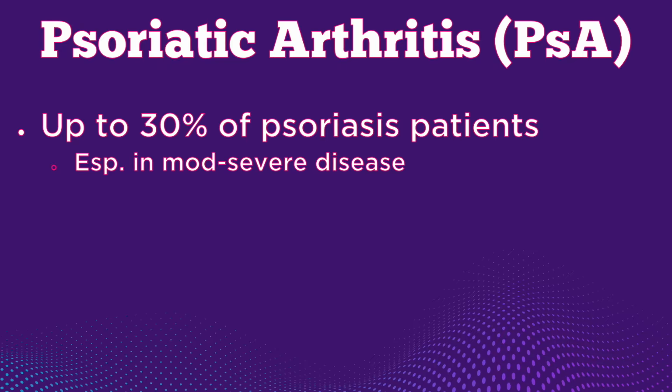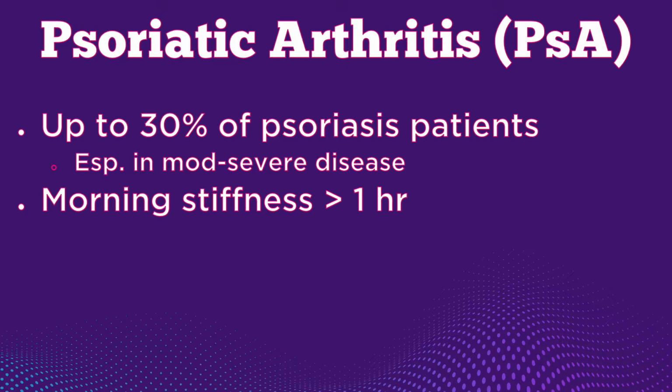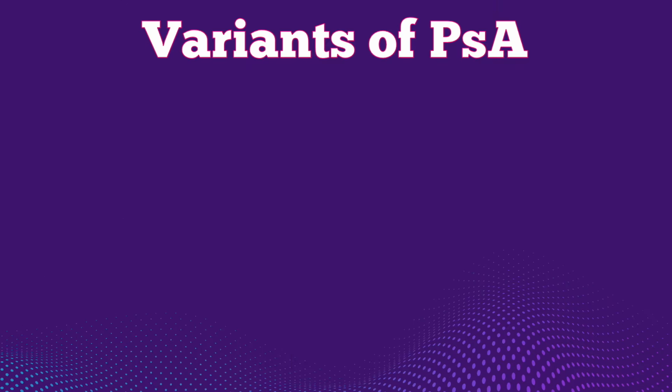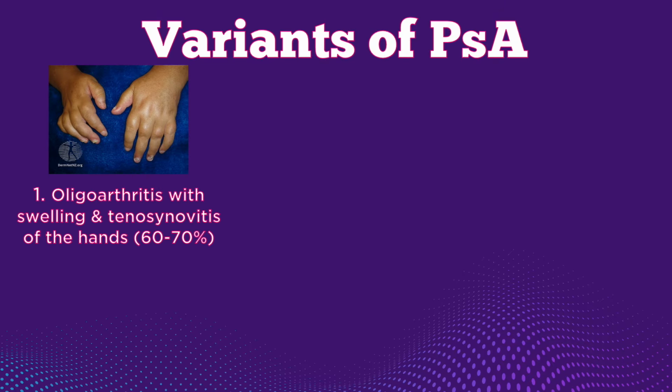Patients will often complain of morning stiffness for greater than 1 hour, which usually affects the hands and feet. You may get asked, What are the 5 variants of psoriatic arthritis? We break psoriatic arthritis into 5 main variants that I will briefly mention. 1.